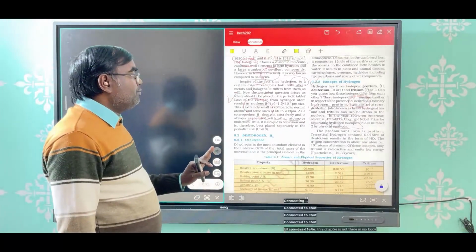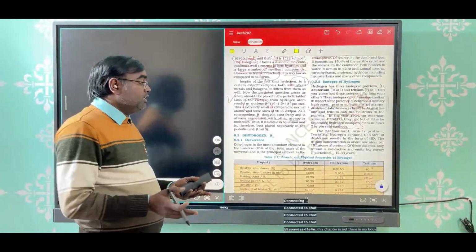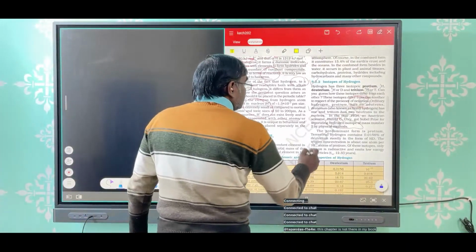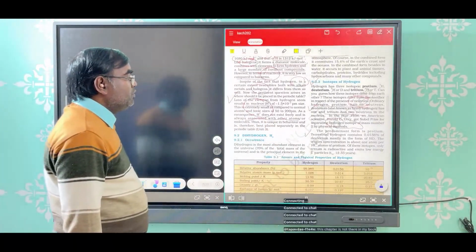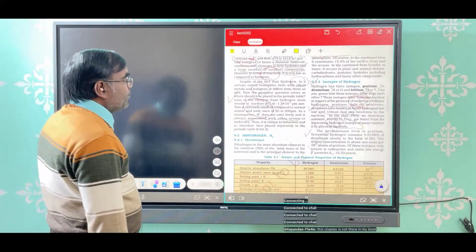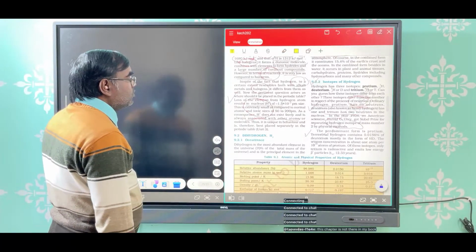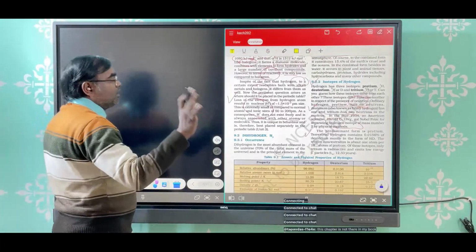Next, the predominant form is protium, that is hydrogen. Mostly abundant is hydrogen. Terrestrial hydrogen contains 0.0156% of deuterium, mostly in the form of HD. So protium is universally abundant.